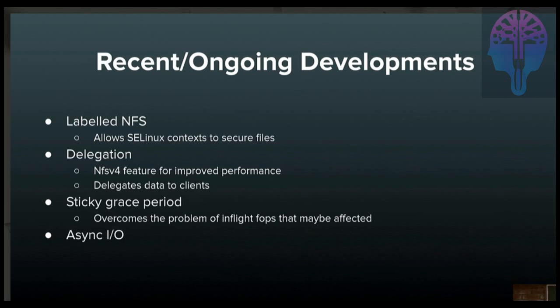The client doesn't have to speak to a server, which then speaks with NFS Ganesha, and then NFS Ganesha has to find another server where the file is actually located. Delegation allows the server to delegate file data to the client so that it can directly access the file.